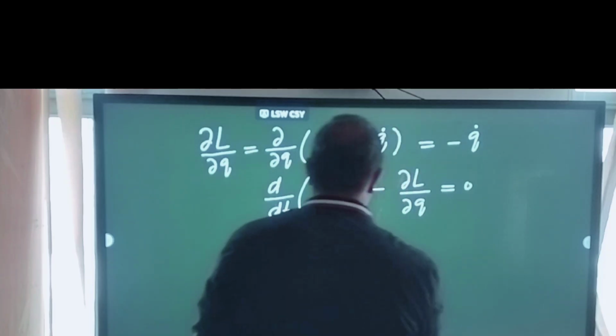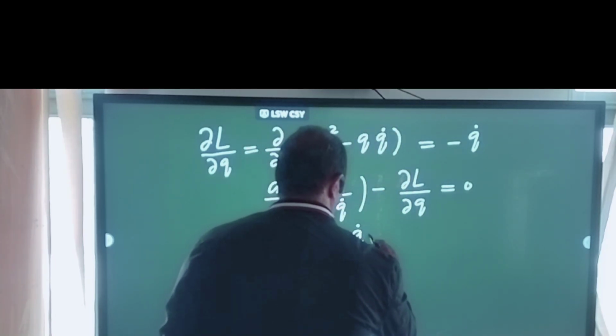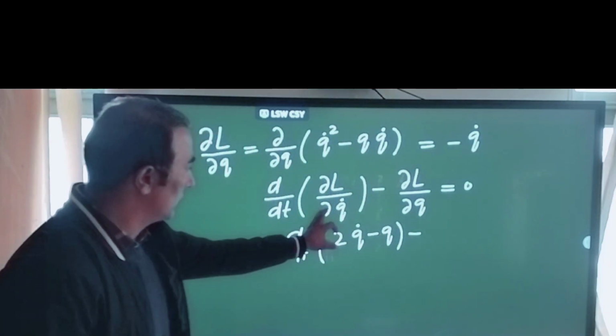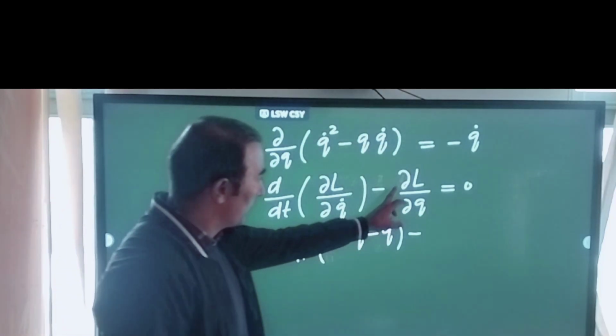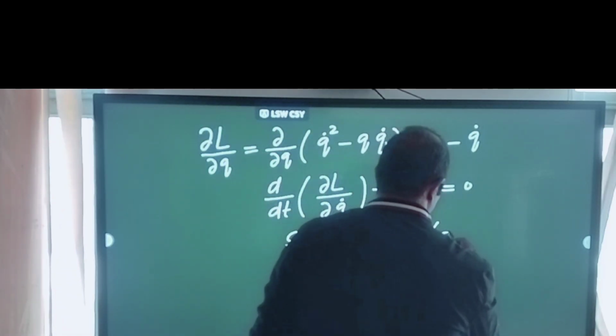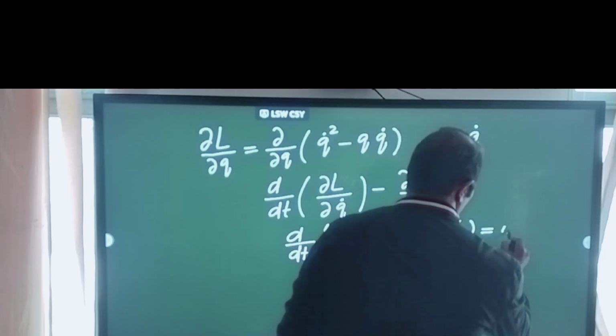So that is equal to minus, because this is the value of that partial L upon partial q dot. अब हमें देखते हैं what is our partial L upon partial q. So that is equal to minus q dot.